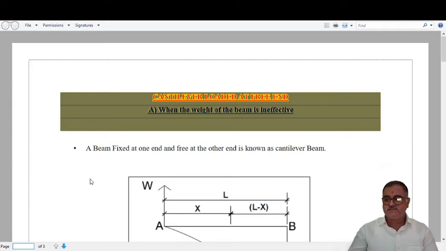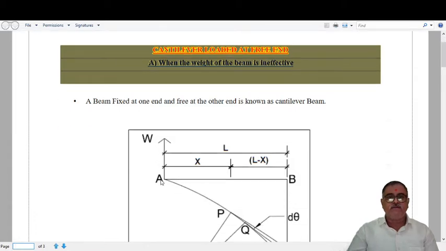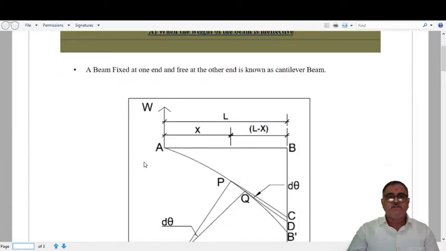For that purpose we have to draw the diagram, in this way. This is nothing but the AB. This is the neutral axis of the cantilever body.